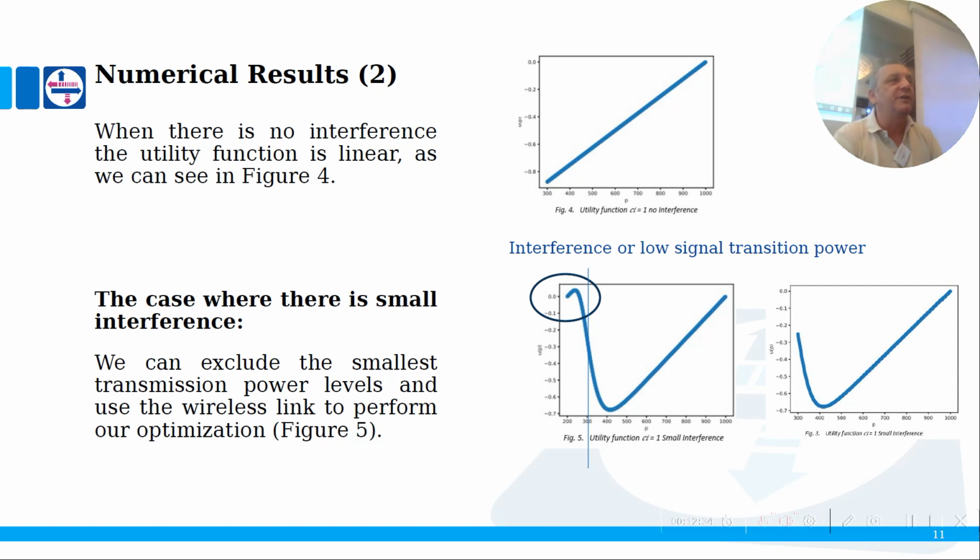So, in order to make this into a concave function, we diminish the small transmission power levels because we don't need them, and we play in our gray area. What do I mean by gray area? The packet reception ratio being between 20 and 90%. So what we do is perform our optimization in this area so that we can have better results. And the result is given here, as you can see.